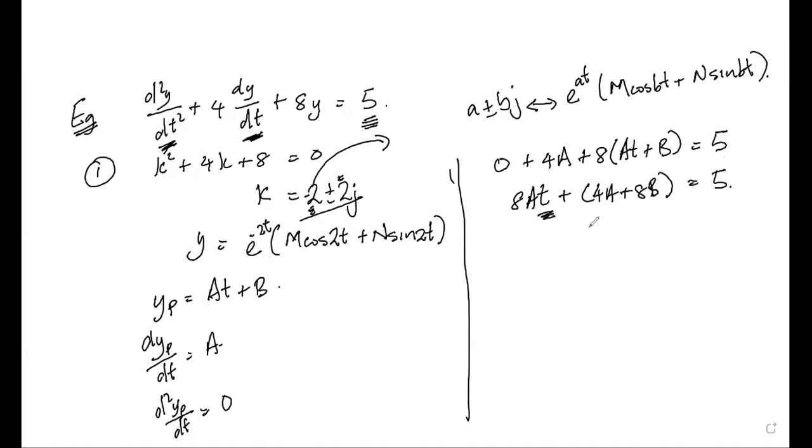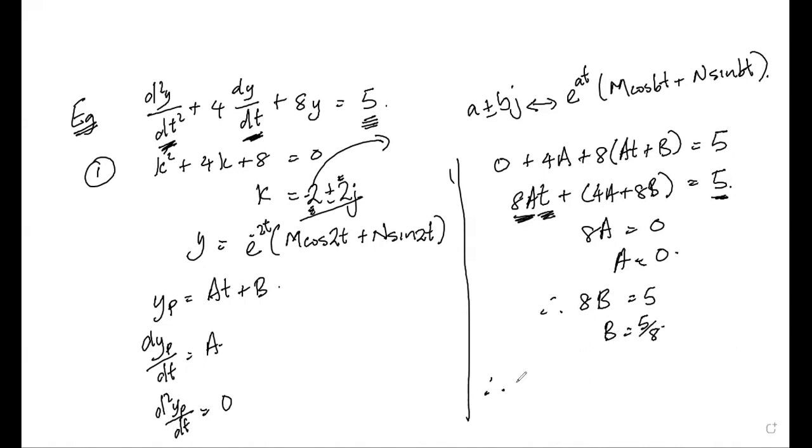There's no t on the right side of the equation, so 8a, the coefficient of t, must be equal to 0, so a must be 0. Then only 8b is left, which must equal 5, so b is 5/8.